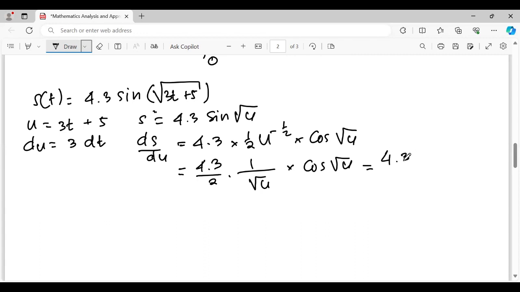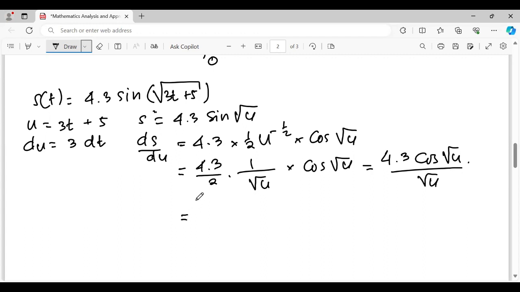Becomes 4.3 cosine square root of u over square root of u, times 3, because there is 3 here. Okay, times 3. Oh, wait, I'm going to write it in the integral later.